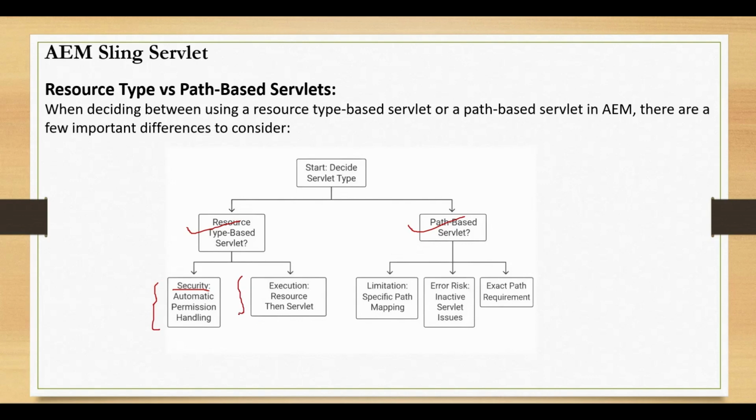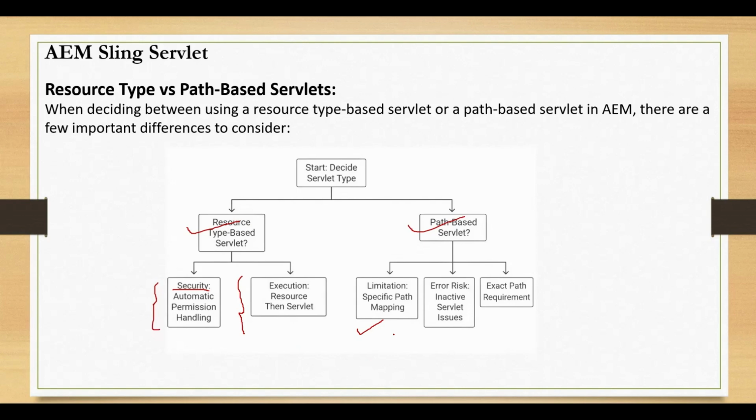But if you move to the path-based servlet, we have a limitation on whatever specific path we pass. Within the resource-based servlet we can pass selector, suffix, as well as extension, all of them. But in the path-based servlet we can't pass a suffix or anything. It will not be able to handle any suffix, so it is very limited.